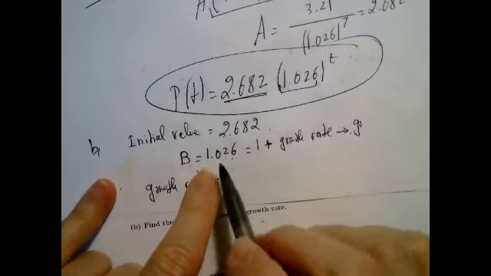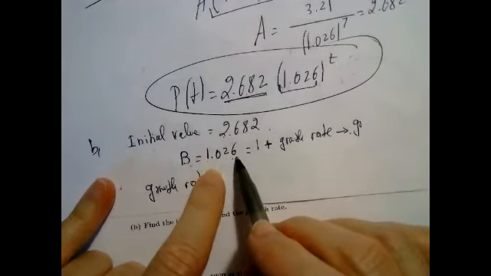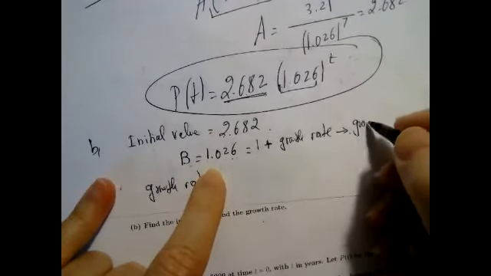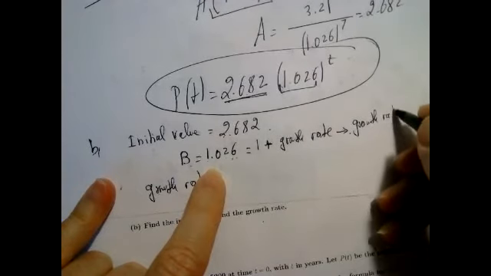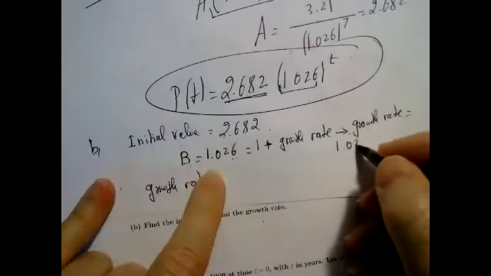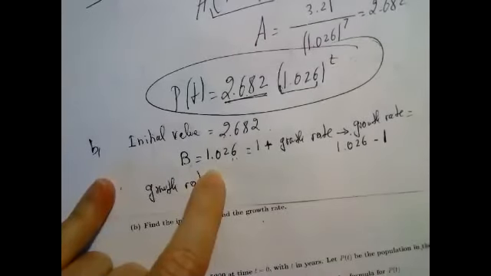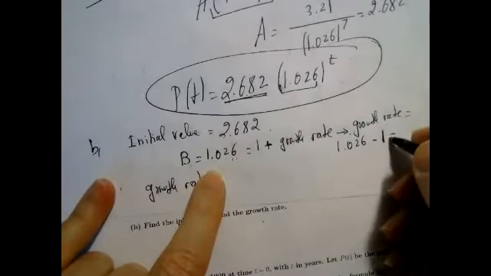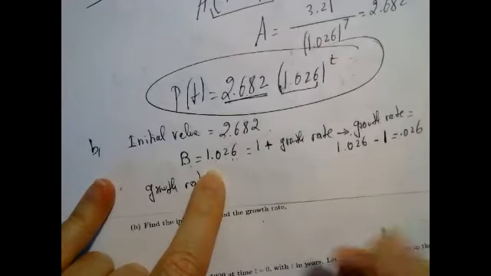That's really what the growth rate is. How far we are from the 100%. So the growth rate is 1.026 minus 1. How far we are from 1, which is 0.026.